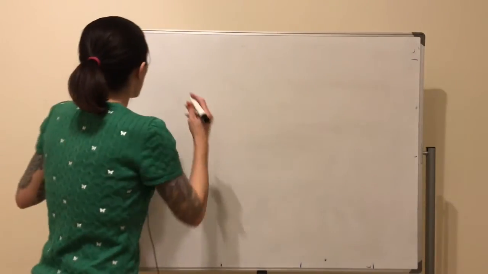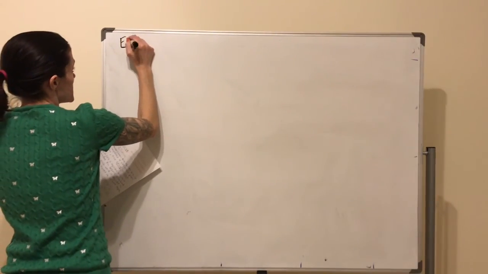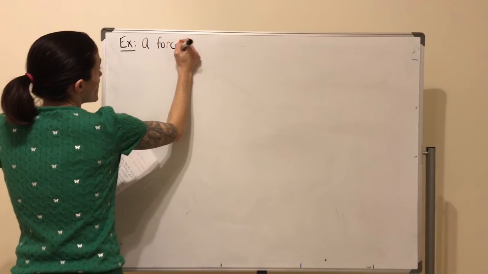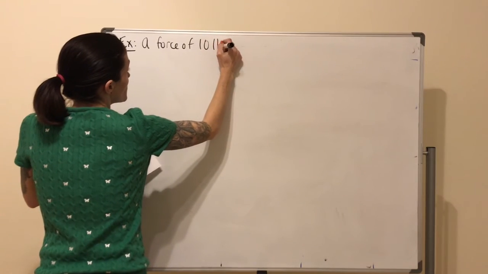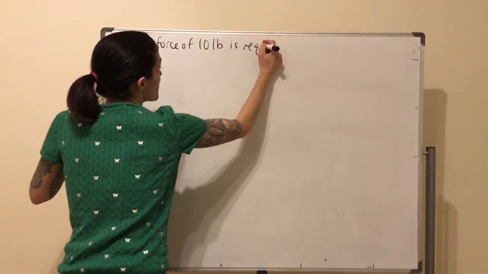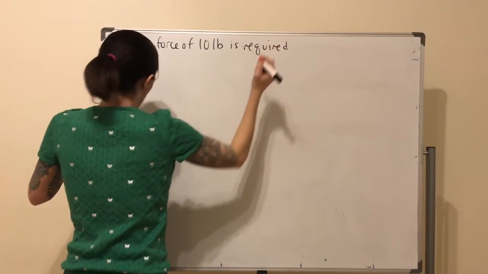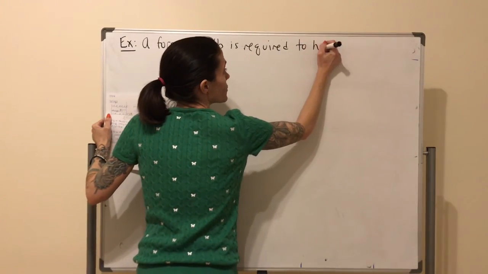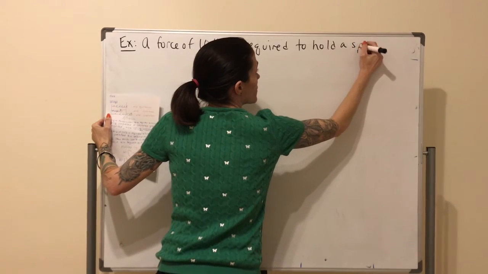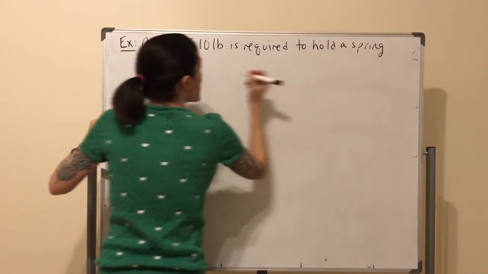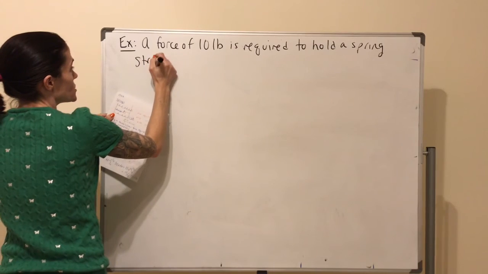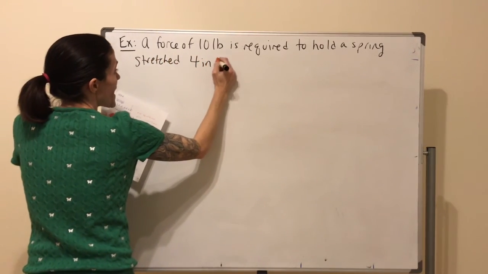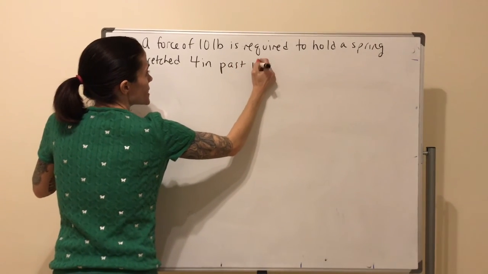This one I will do with US customary units just to see some differences. So now we have a force of 10 pounds required to hold a spring stretched 4 inches past its natural length.